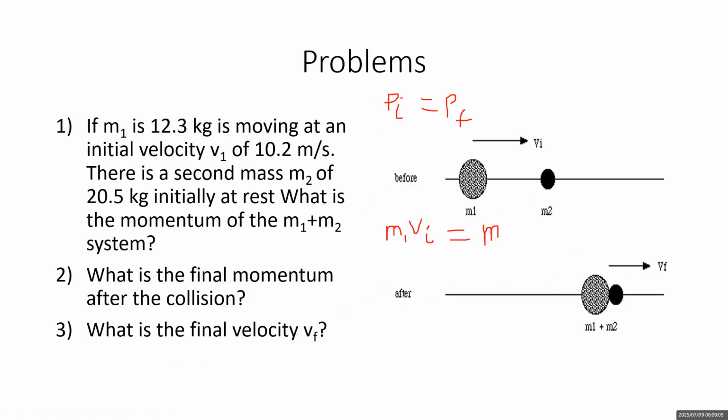Now, after the collision, they stick together, so the final mass is just the sum of the two masses. And we have to find V final.